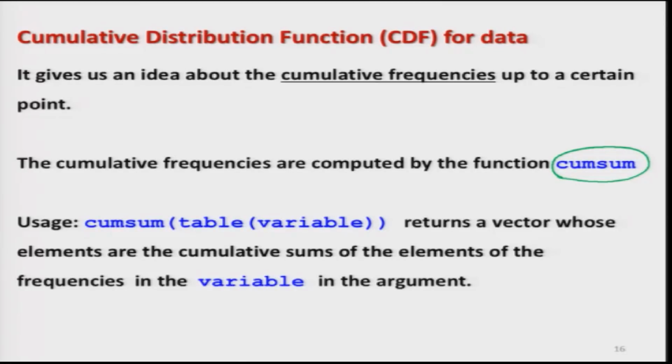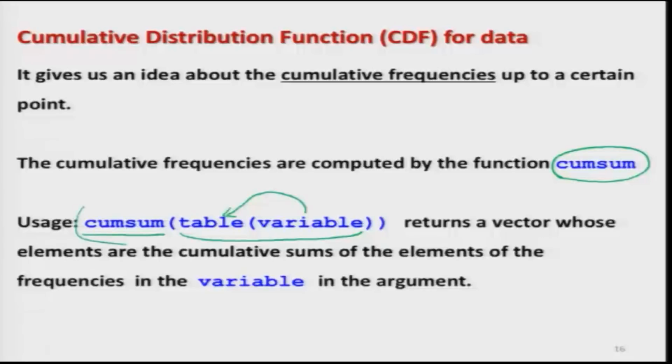We simply have to use this function cumsum on the variable for which we want to create the cumulative totals, but the variable has to be first operated with the table function, because once we have data in some variable, it first needs to be converted into a frequency table, and then based on that frequency table the sum of those frequencies can be obtained.